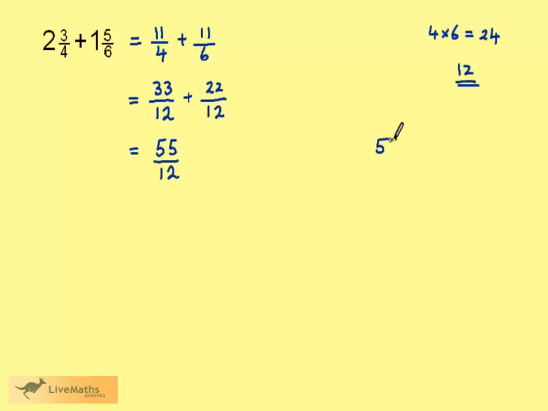We should express this as a mixed number. 55 divided by 12 is 4. 4 12s are 48, so we have a remainder of 7.